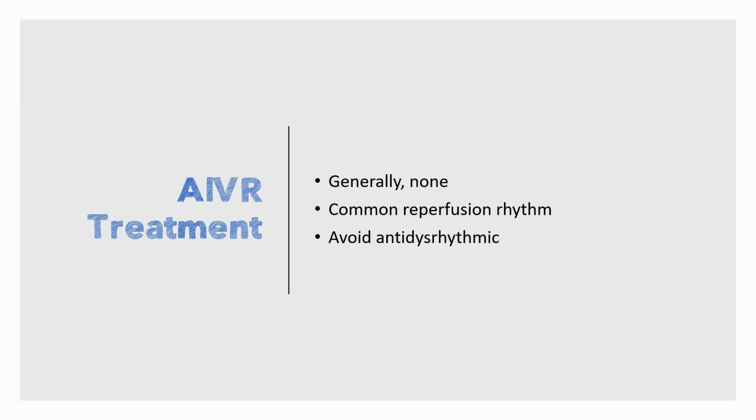Now, if the impulse is coming from the ventricles, why would we give medications that would take that impulse away? So the treatment is nothing unless the patient is unstable, and then the treatment is either pacing or beta agonists like epi or dopamine to increase the rate.